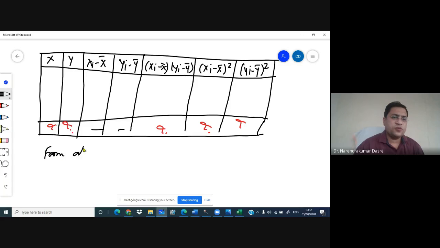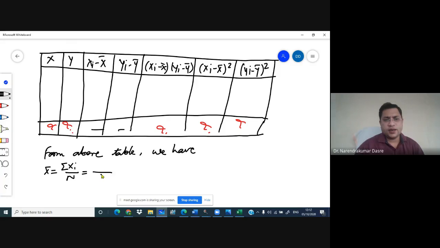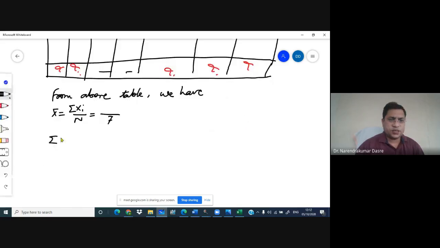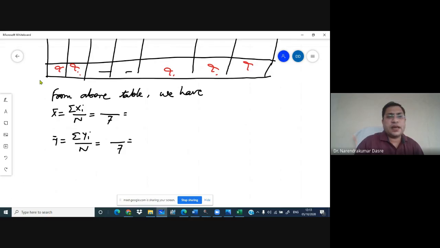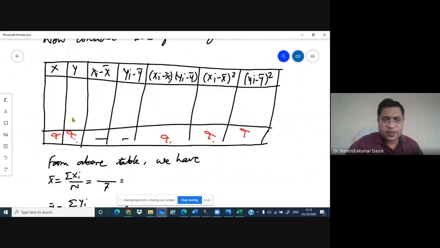From the above table, we want to calculate x bar, which is summation xi upon n, and here n is 7. Then y bar, which is summation yi upon n, again with n equal to 7. So I want you to write down the observations and calculate summation x and summation y.